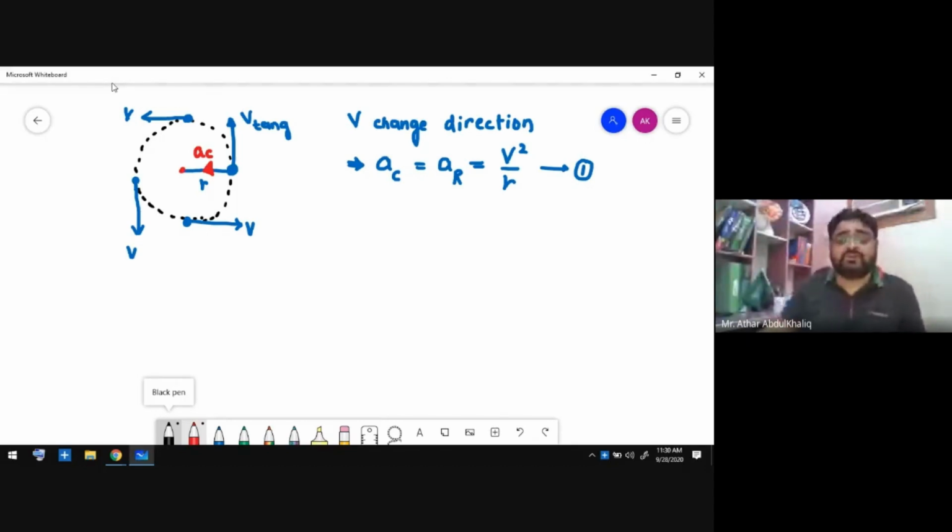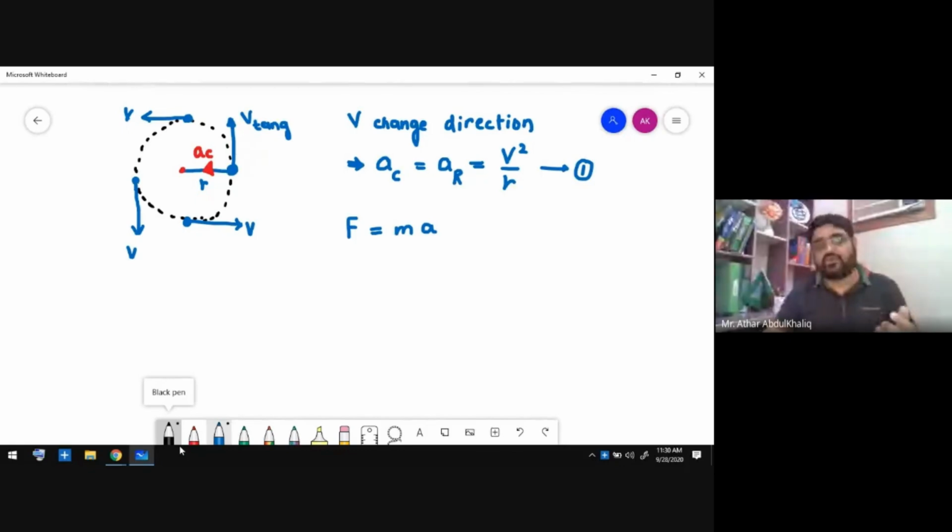Now, from Newton's second law, we also know one more thing. Newton said that the net force on an object is equal to m times acceleration. If you talk about an object moving in a circle, I gave you the example of something attached to a string, and I am whirling it, trying to spin it. When I am doing this, my hand provides the force that keeps the object in the circle.